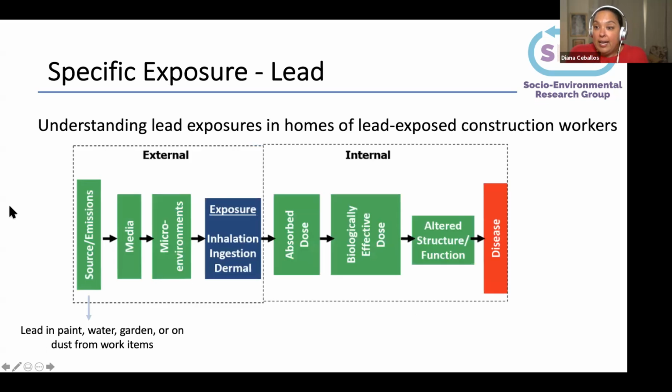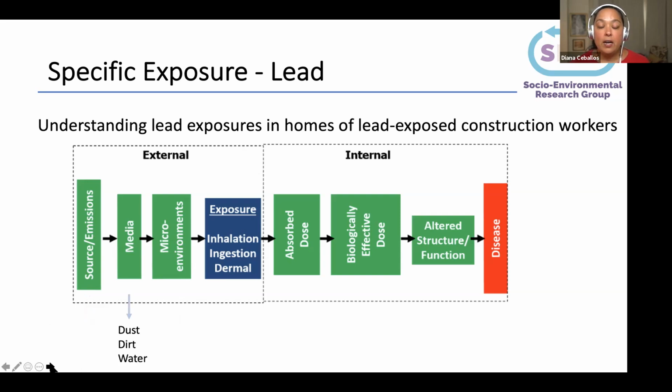So now to end, I would like to walk you through some of my research and an example of how I approach this conceptual framework of exposure assessment for the understanding of lead exposures in homes of lead exposed construction workers. And so if we look at the external sources, we have lead in paint, in water, garden, or dust from work items.